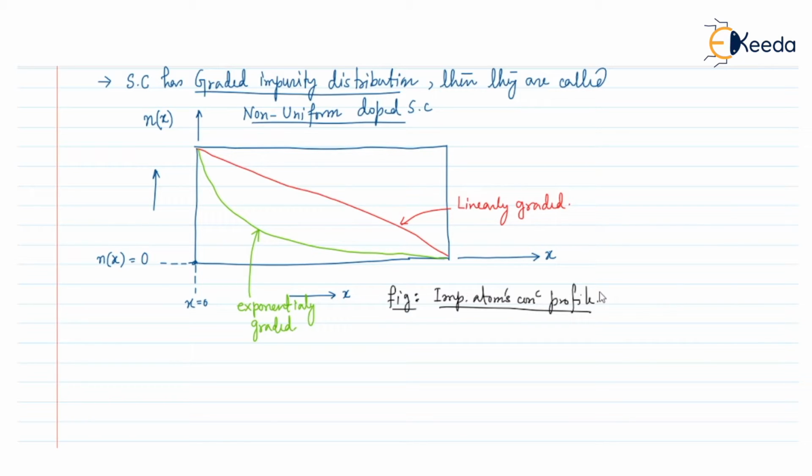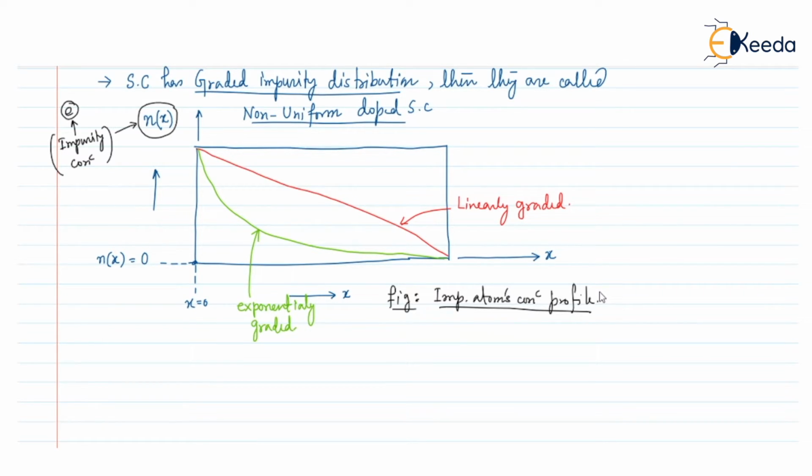Now from this profile, N(x) is the impurity concentration which is varying with respect to x. For this case let us assume the impurity is a donor, so the carriers will be electrons.